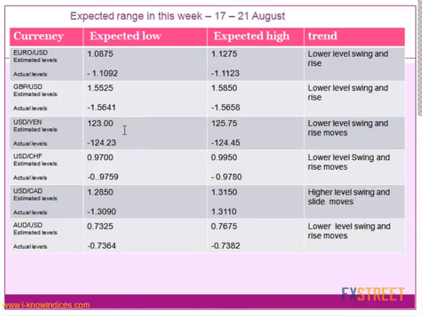In the case of yen, they could come down to 123 and then go up to 125.75. CHF, they came down last time to 0.9769. So they are likely to come to 97 area and then go up further. Then in the case of Canadian dollar, they were hovering around 30 to 32 level.